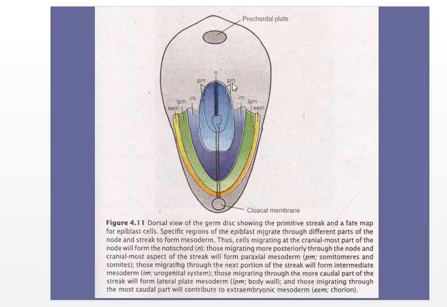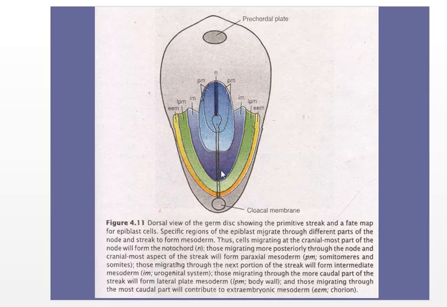As you know, the paraxial mesoderm makes the somites and somitomeres. Those migrating through the next portion of the streak, it means the midline, form intermediate mesoderm, and in future this area makes the urogenital system.